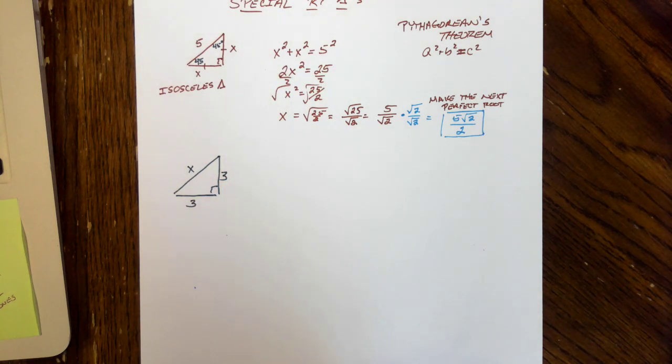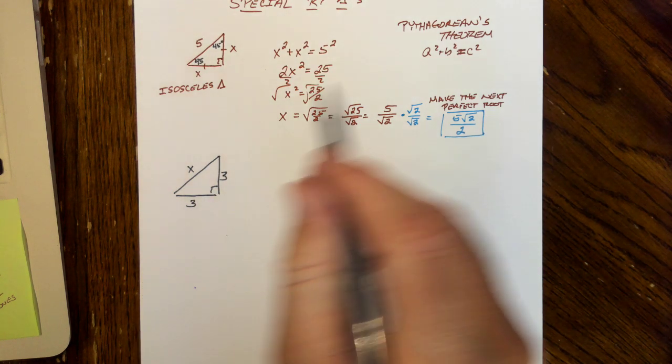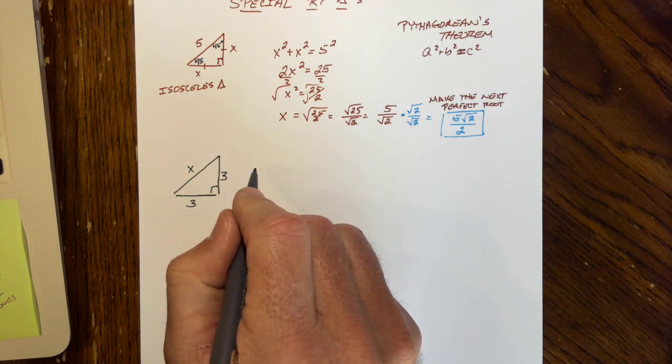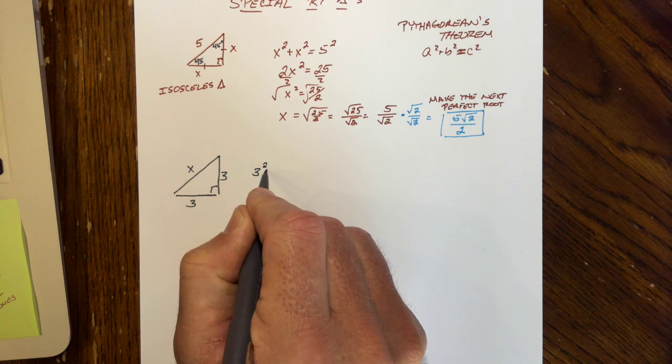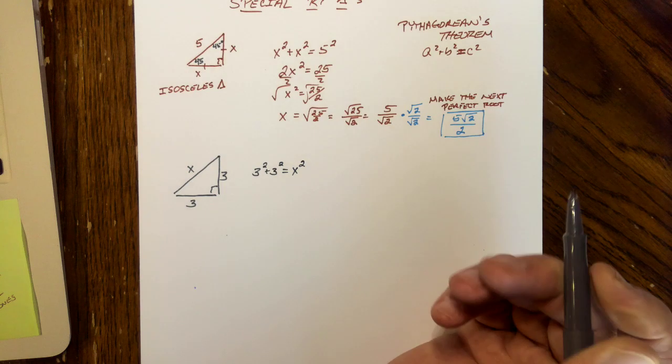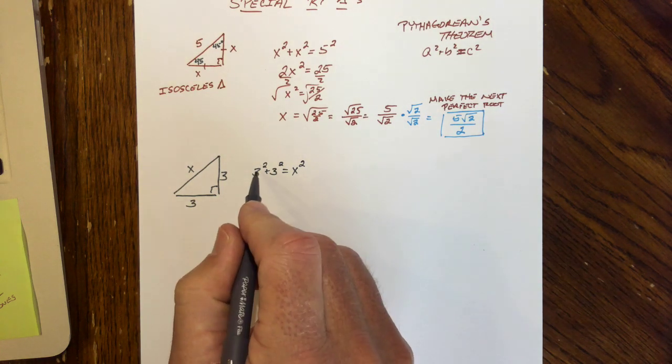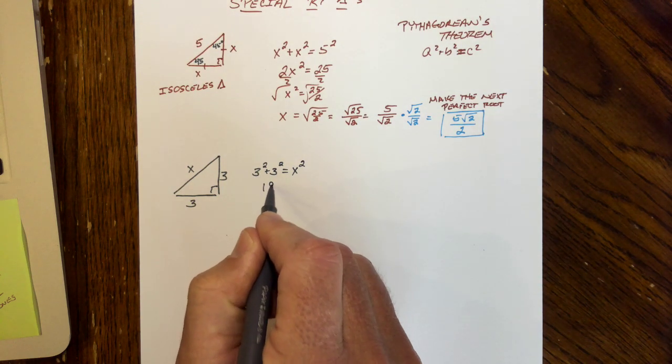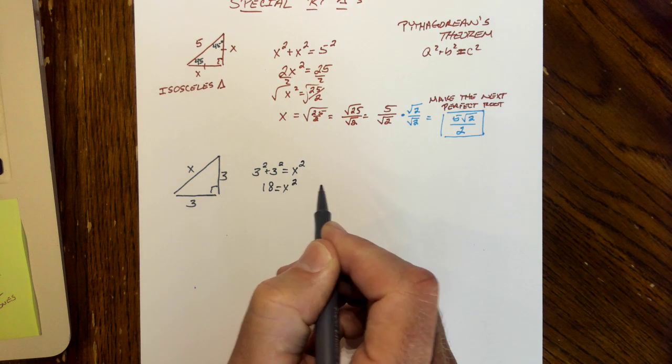Okay, so I'm asking you to find the hypotenuse. So what is the first thing that comes to mind? Well, Pythagorean's theorem. 3 squared plus 3 squared equals x squared. All right. 9 plus 9. Solve.